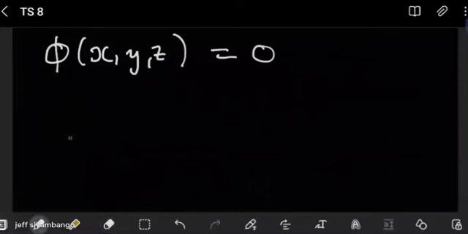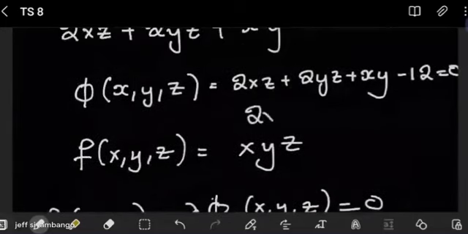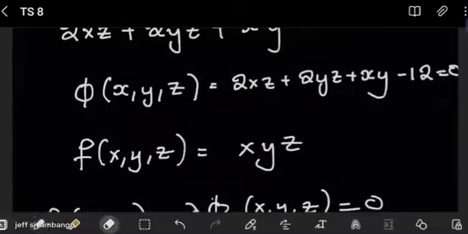So for the first part, what we have is going to be yz, and then we have minus lambda, and then we have the partial derivative of our constraint. The constraint is this one. With respect to x, we're going to have 2z, and then y.